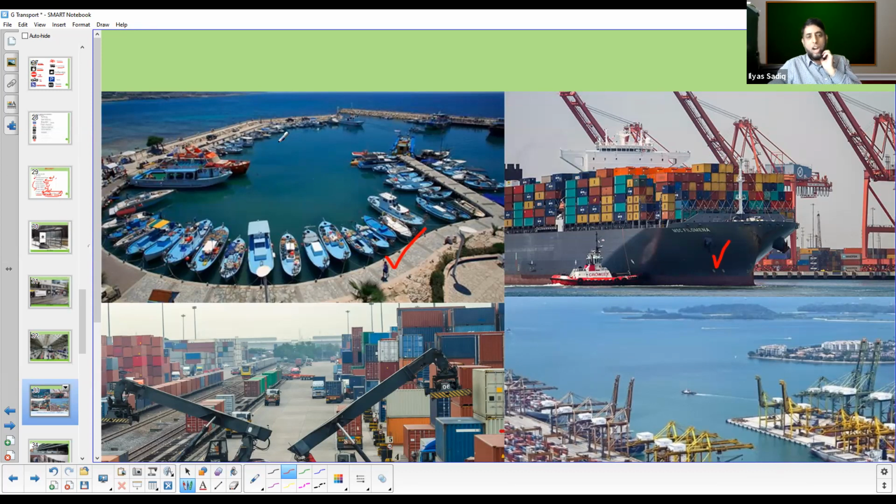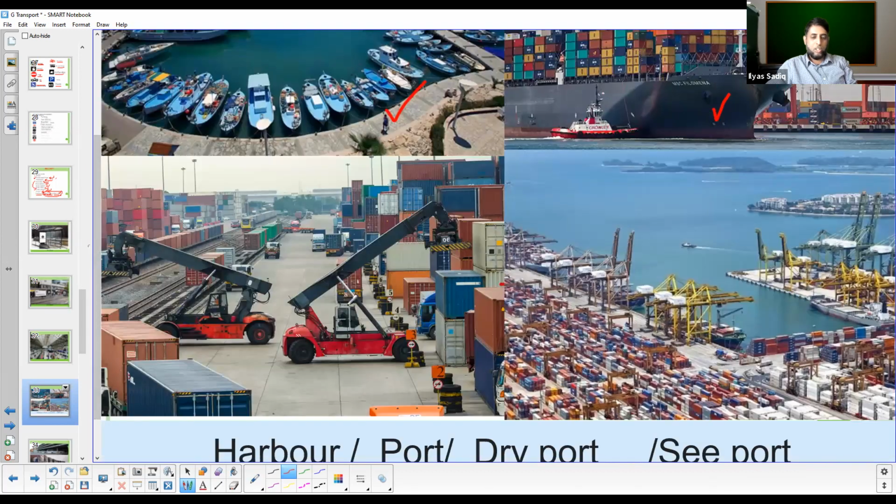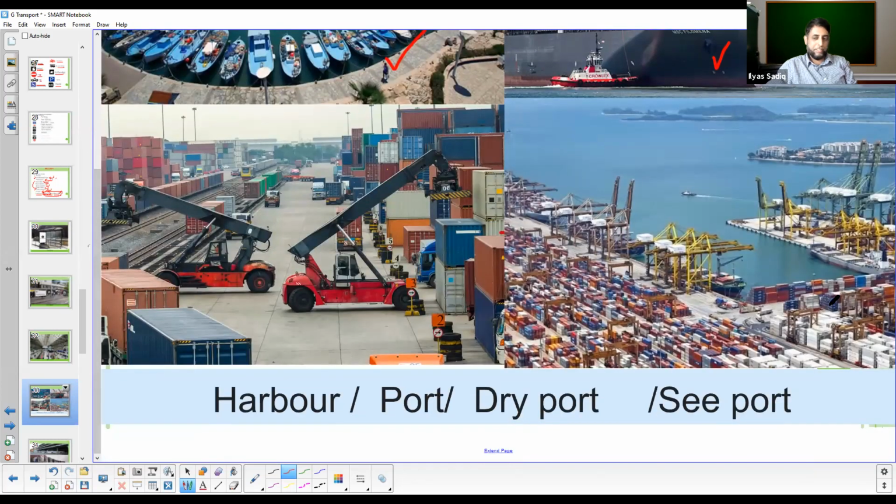So this is a harbor where the boats are parked. This is a seaport, and this is a ship here, and this is loading and unloading. This is a dry port. All right, so this is not a harbor. This is also not a harbor. A harbor is only where the boats are parked.